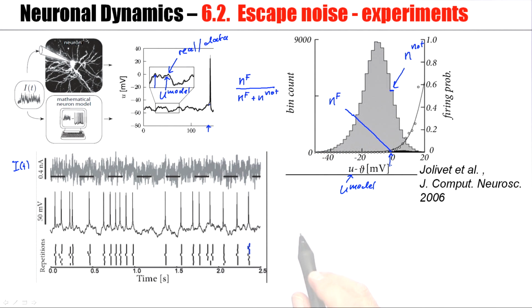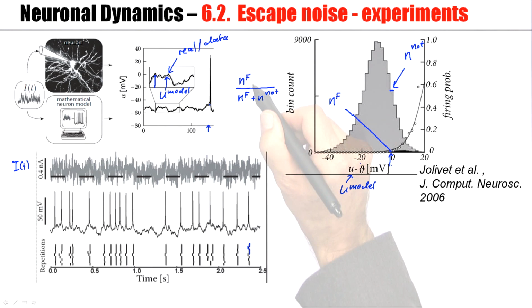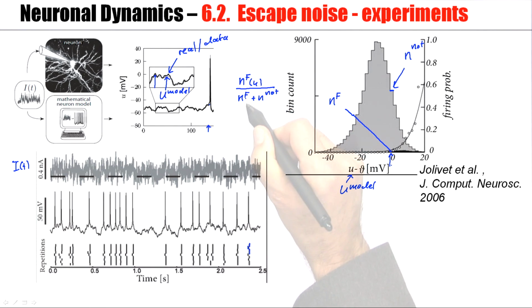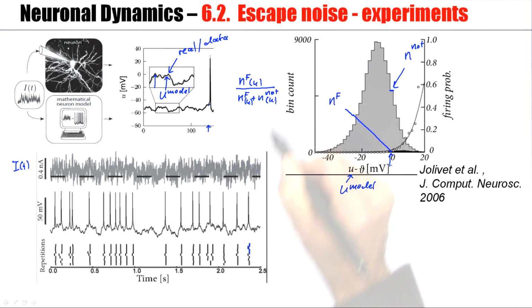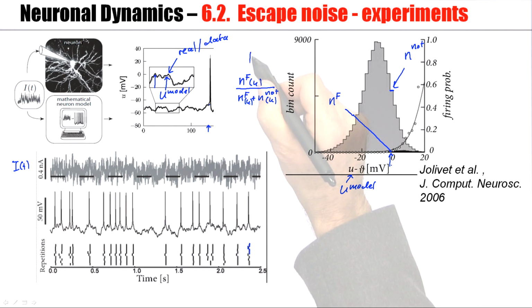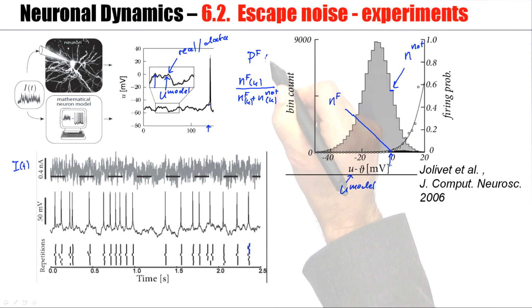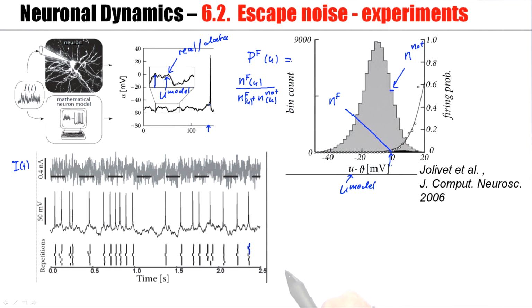Now, if I do this for a fixed voltage U, then I find my firing probability for this voltage. The experimental firing probability, PF of U, are these data points.